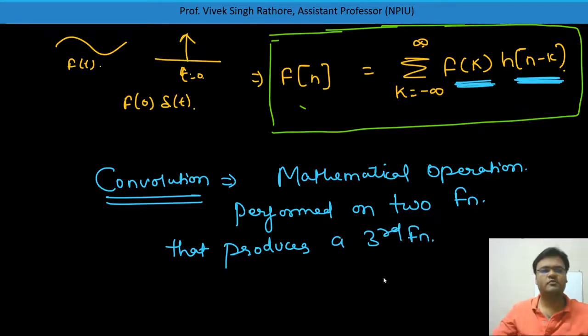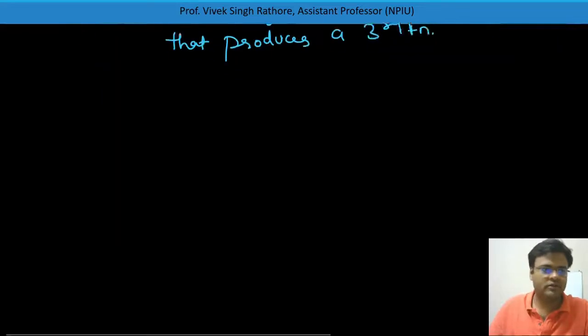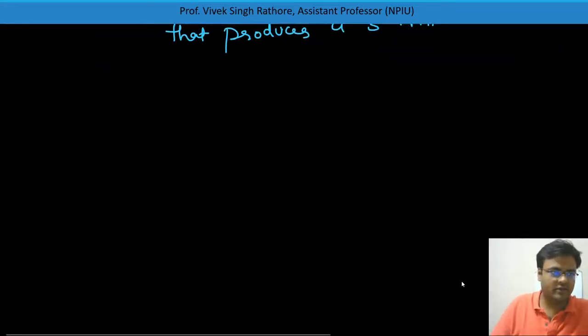So see, what we are doing, we are doing convolution, we are doing some mathematical operation on two functions, and that is producing a third function. Okay, so one minute. Now we'll see it while looking at the diagram.